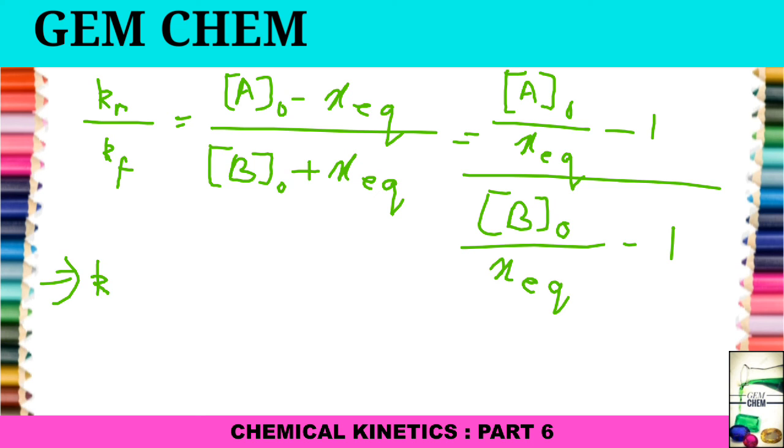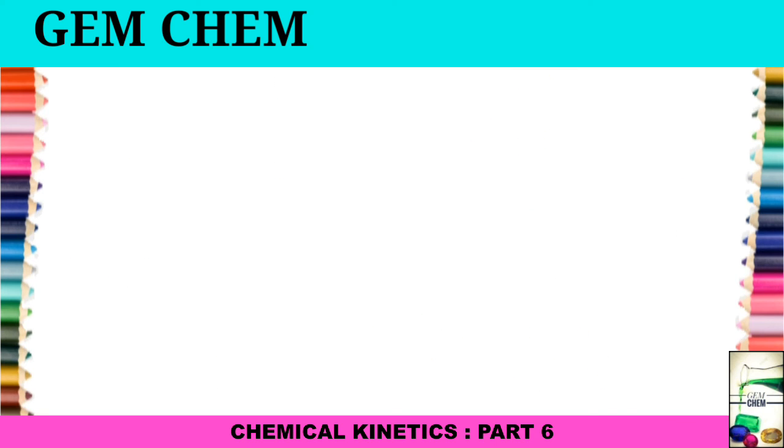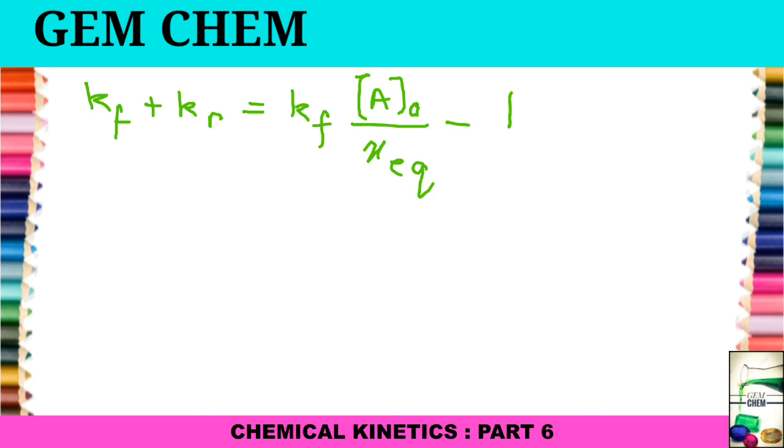It can now be written as Kr B naught by X equilibrium plus Kr equals Kf A naught by X equilibrium minus Kf. We will take Kf and Kr on one side. So Kf plus Kr comes to be Kf A naught by X equilibrium minus Kr B naught by X equilibrium.